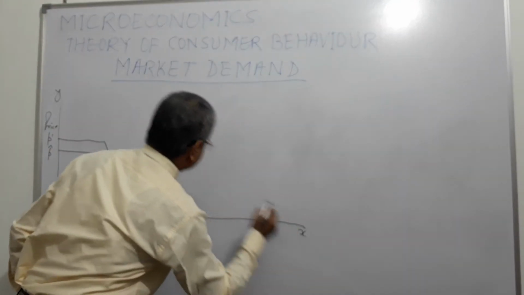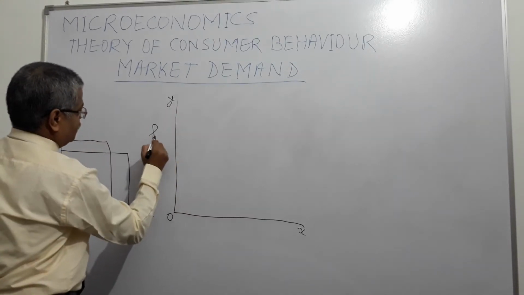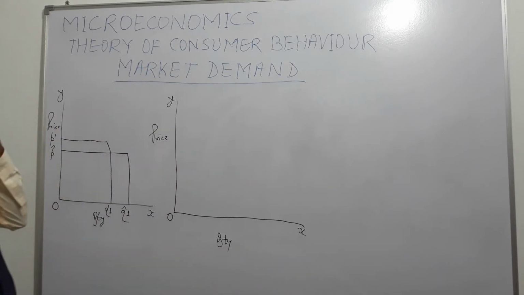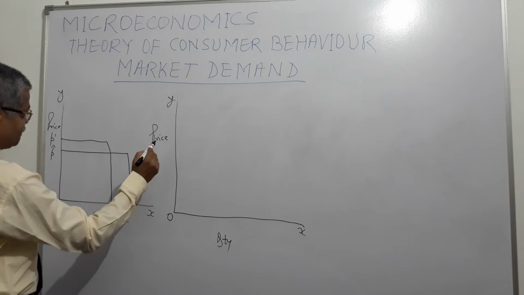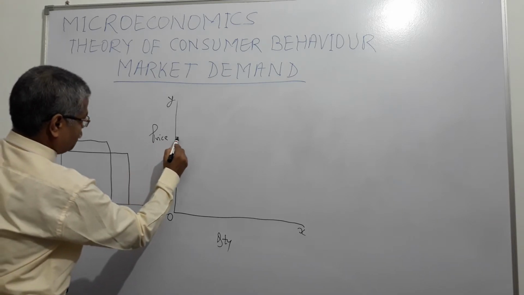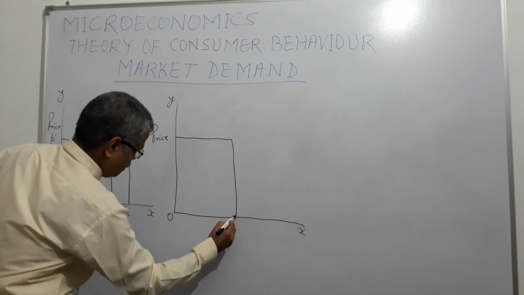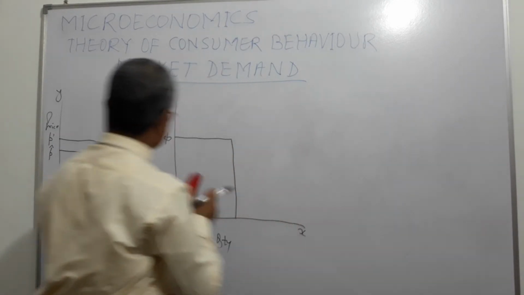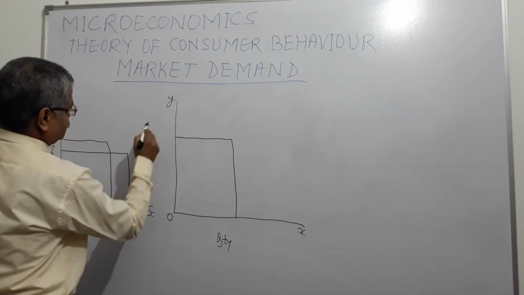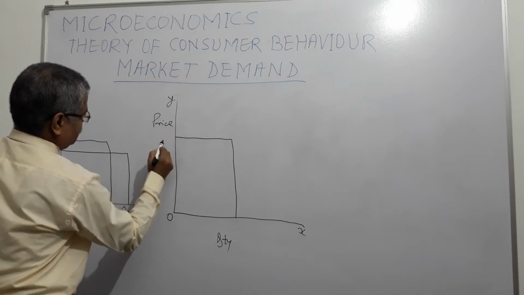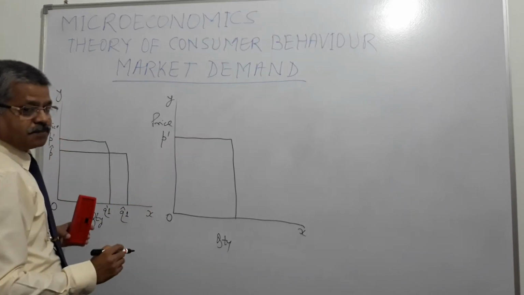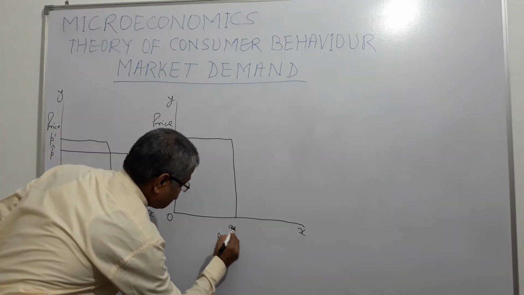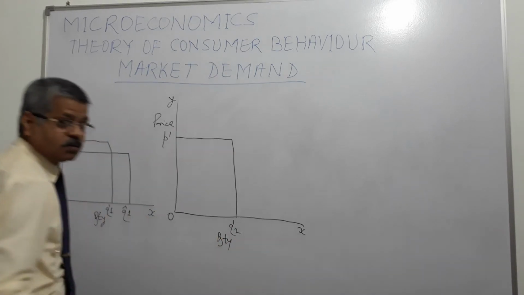O, X, Y. This is price, this is quantity. Once again, at this price, P prime, the quantity demanded is Q prime 2.